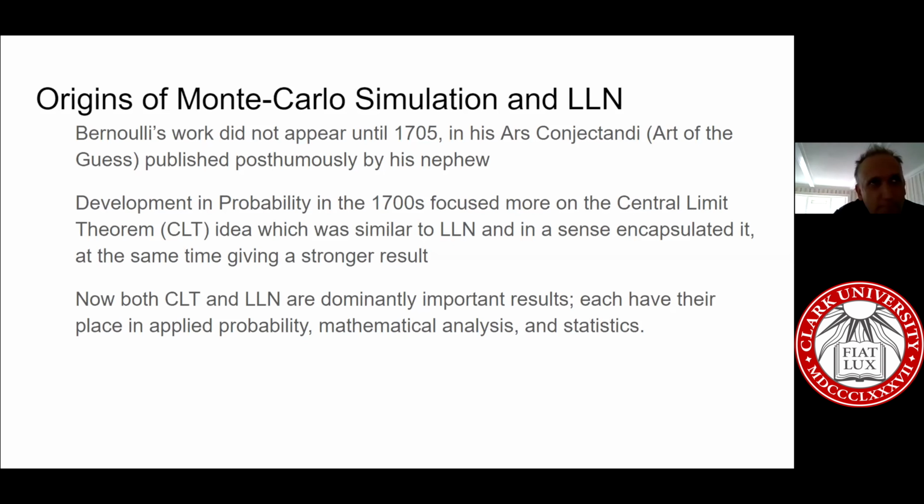A basic proof got done for that around 1715, and then a pretty strong proof by Simon Laplace around 1795. So that became the central idea in the 1700s and even the first part of the 1800s. But then the LLN took over.